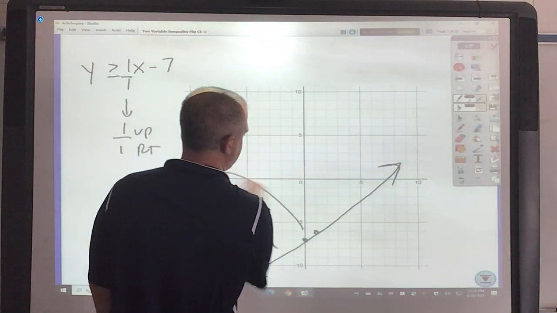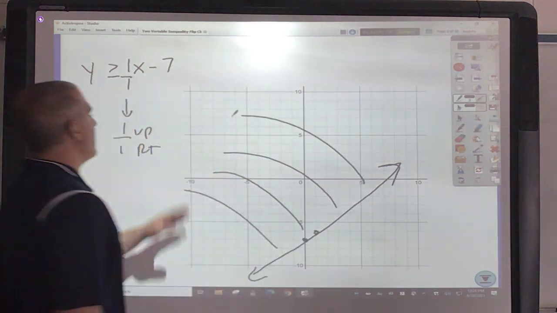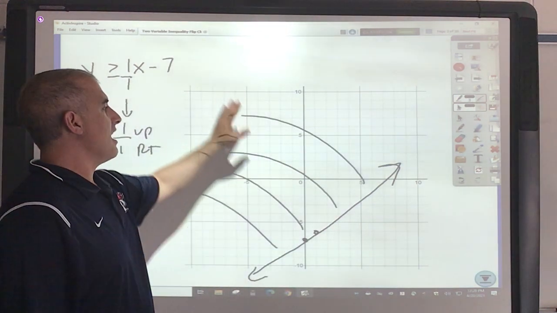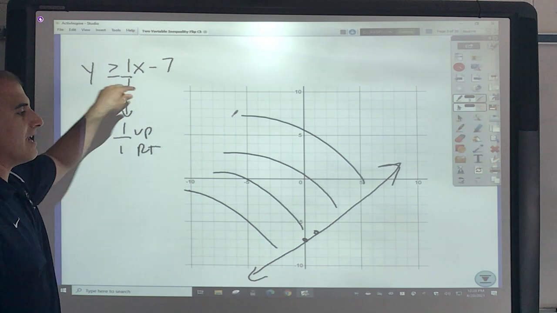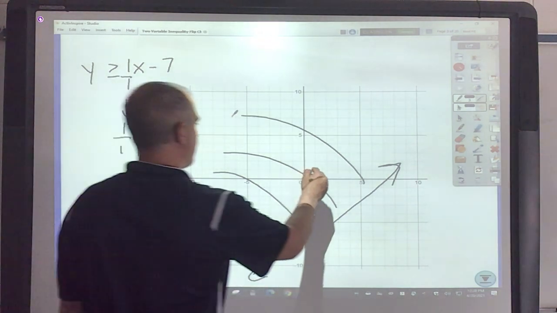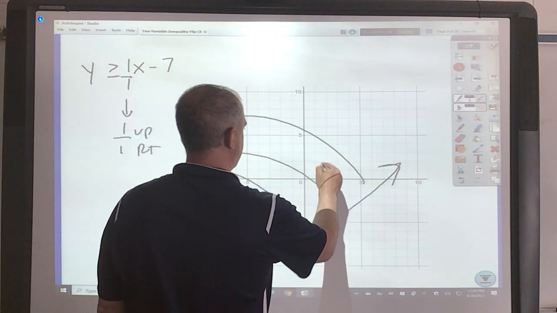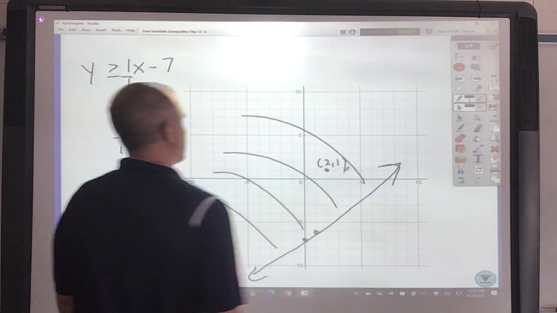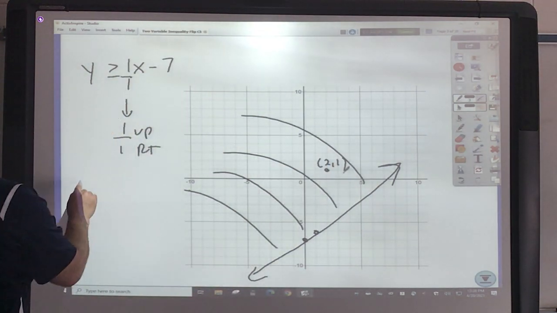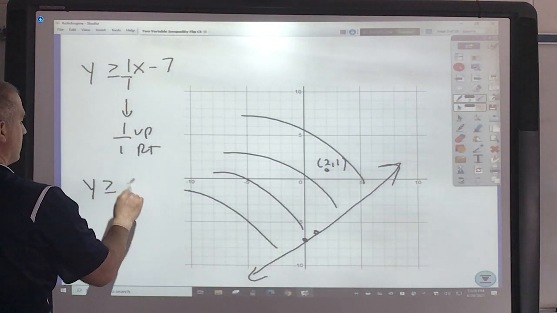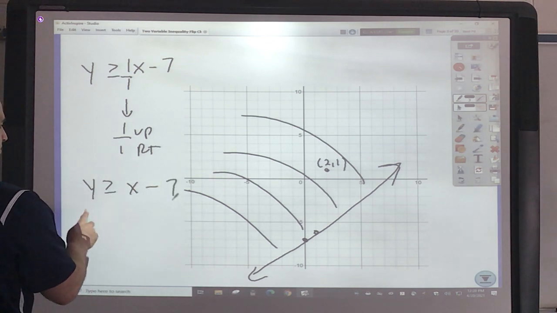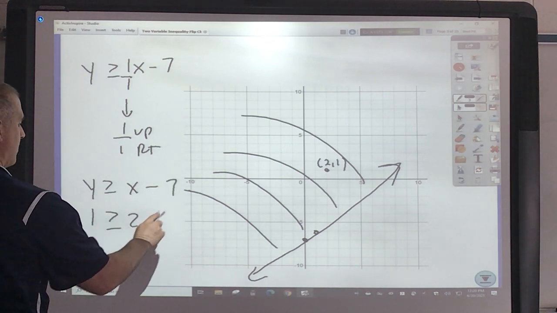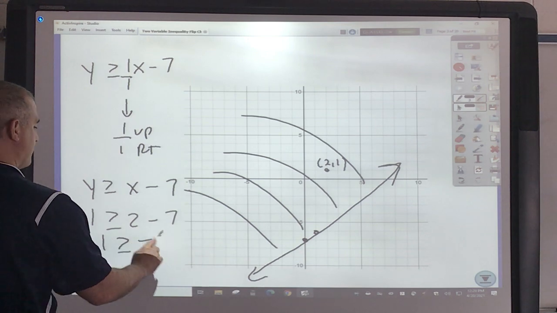The idea behind this is that any of these points, if I put them into here, would make the inequality work. For instance, let's say the point 2, 1. If I put 2 in for x and 1 in for y, is 1 greater than or equal to -5?